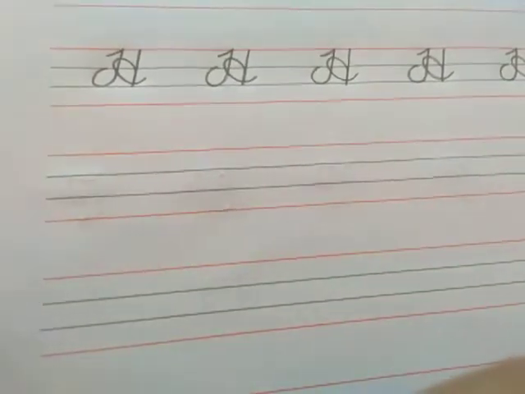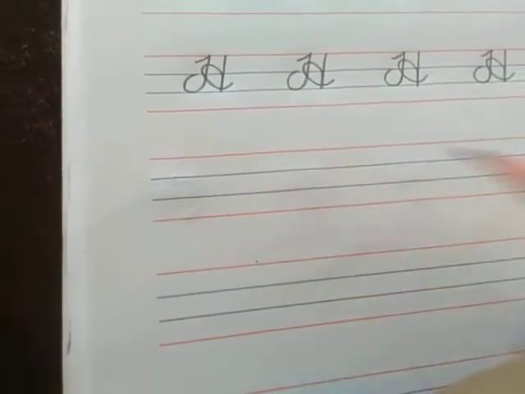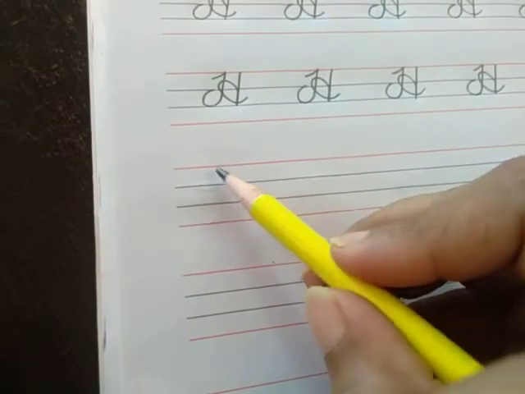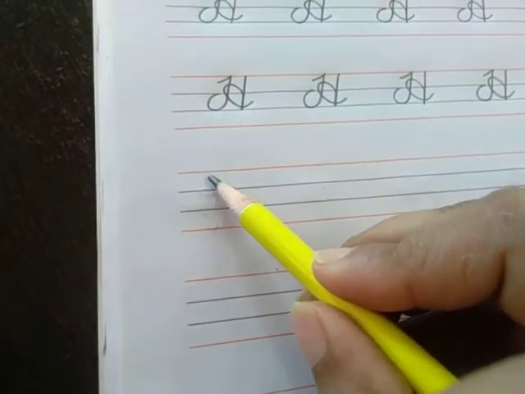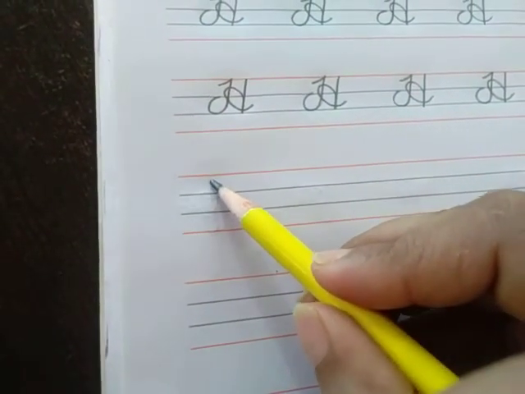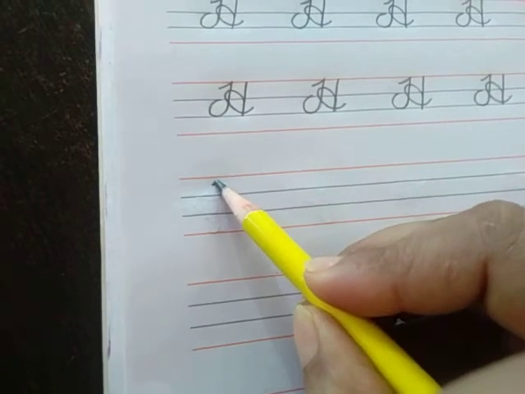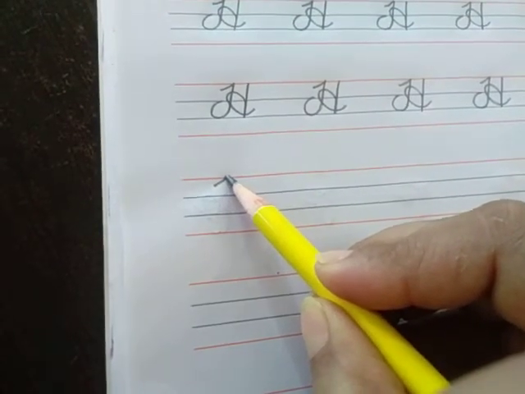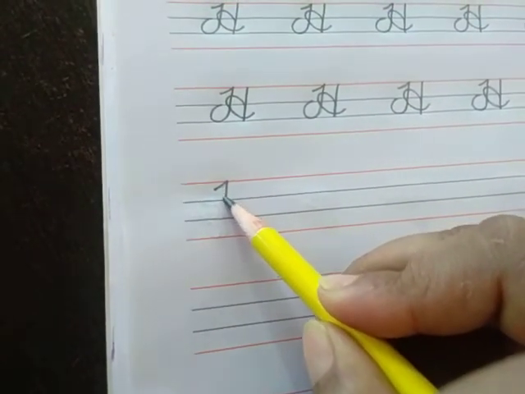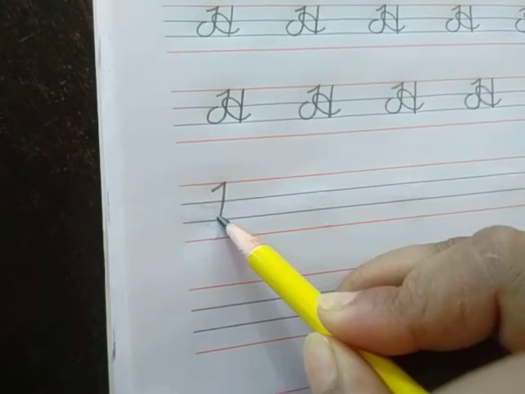Now after completing the tracing part, we will be writing. So we have to start in between the first line and the second line, go slanting up, come with a slanting line straight down.